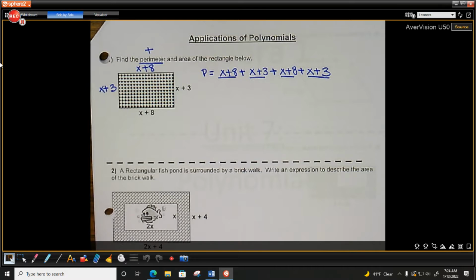So I'm going to circle my like terms. I have an x here.